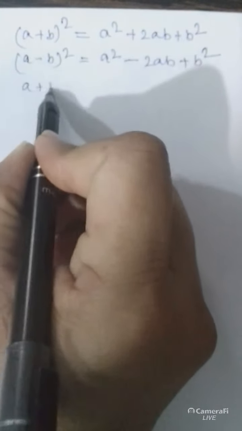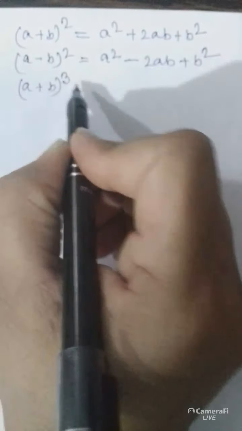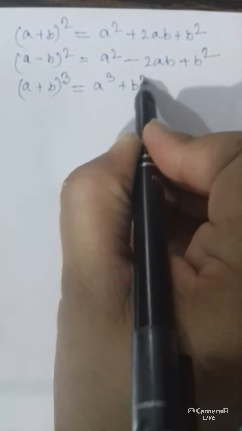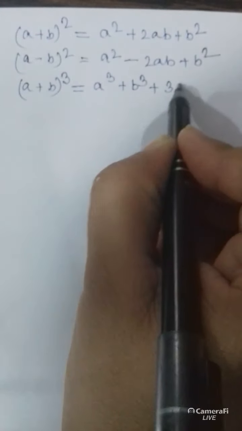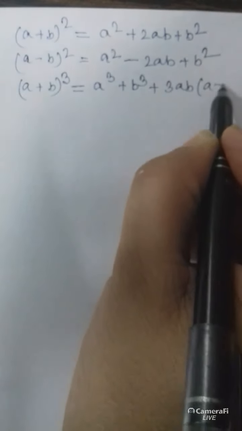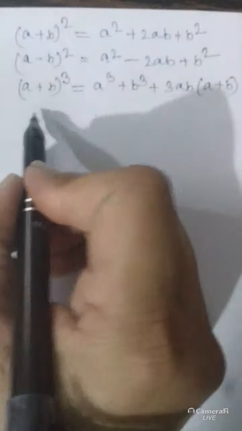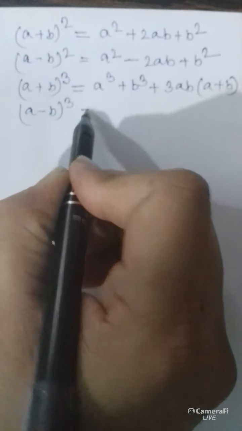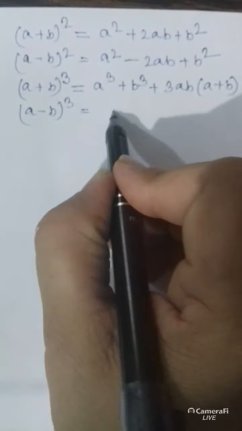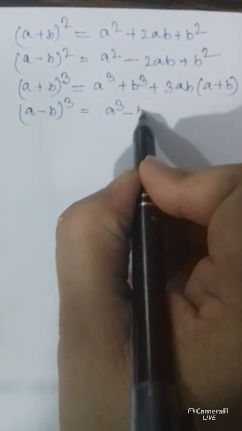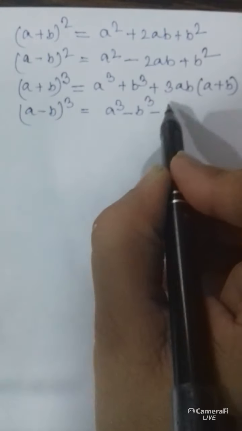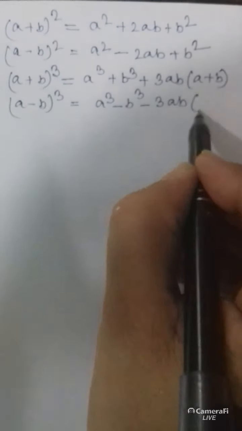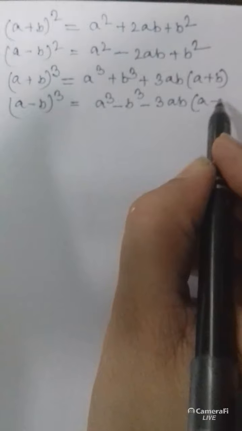Then a plus b whole cube equals a cube plus b cube plus 3ab into a plus b. A minus b whole cube equals a cube minus b cube minus 3ab into a minus b.